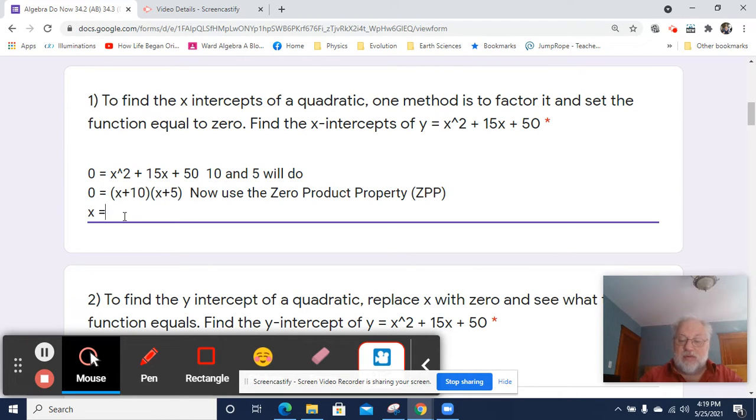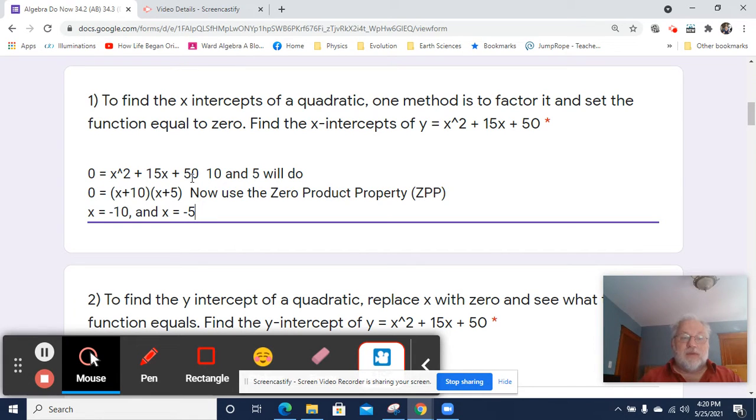So x could equal negative 10. But x could also equal negative 5, because negative 5 plus 5 would also be 0. And so now you have two different x-intercepts for this function, because negative 10 and negative 5 will each make this whole thing 0.